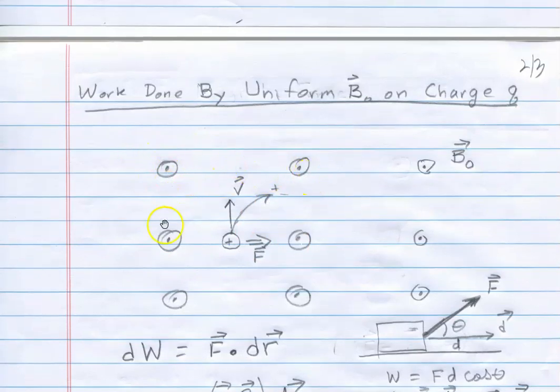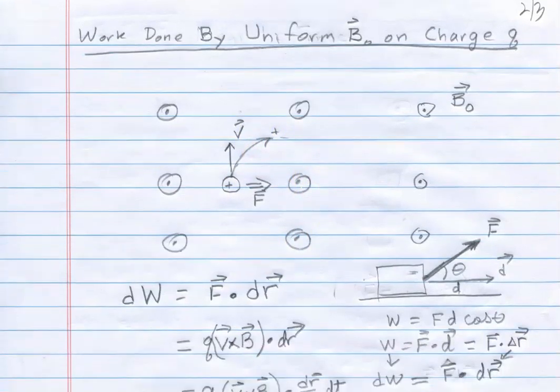Same orientation: B is coming out of the page at me, and V is in the plane of the paper, moving in the upward direction. And again, just so I can draw the picture, I've got the positive charge. Notice here that V is upward, the force again is to the right, and it goes in a clockwise fashion. We have got it drawn.